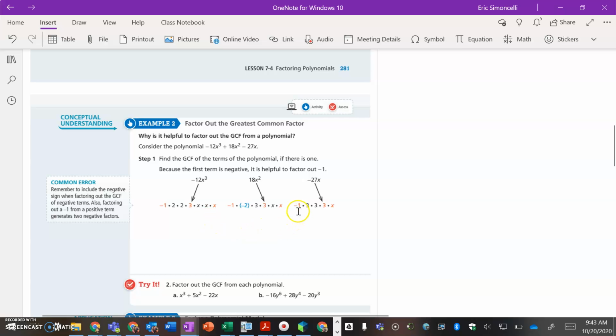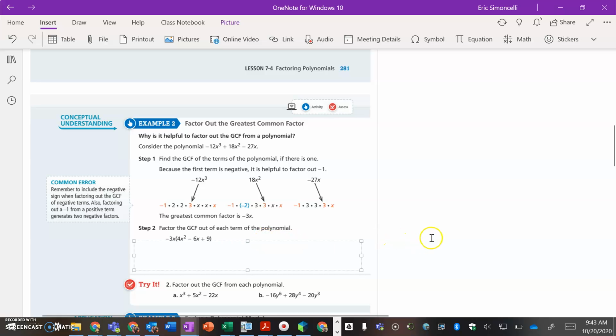And then lastly, negative 1, negative 1, negative 1. So that is what's common between all three terms. The greatest common factor, therefore, is negative 3x.